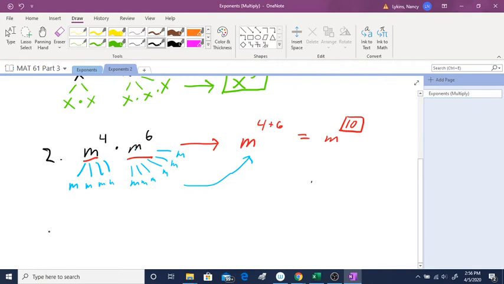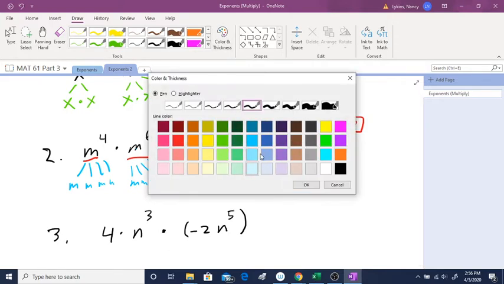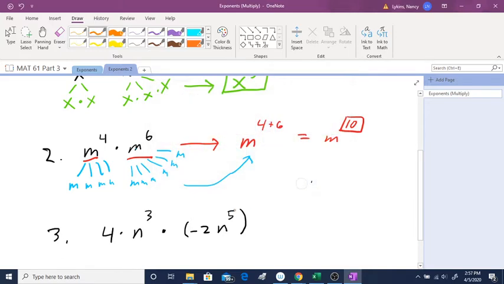We also may see something like you've got a 4 times, say, n to the third power times a negative 2n to the fifth power. First off, I'm going to multiply the 4 times the negative 2, and I get a negative 8.